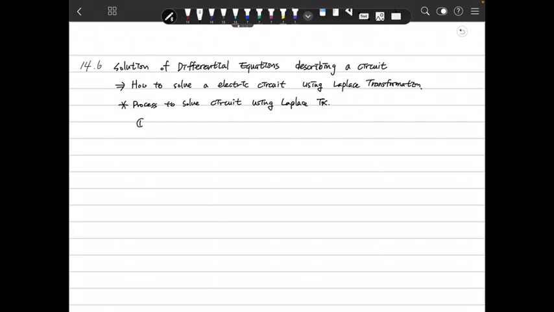First, derive the differential equation from the circuit in the time domain.